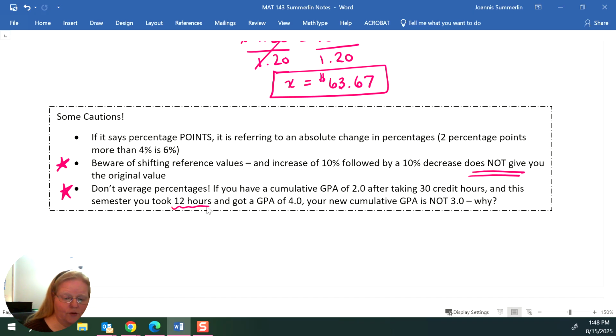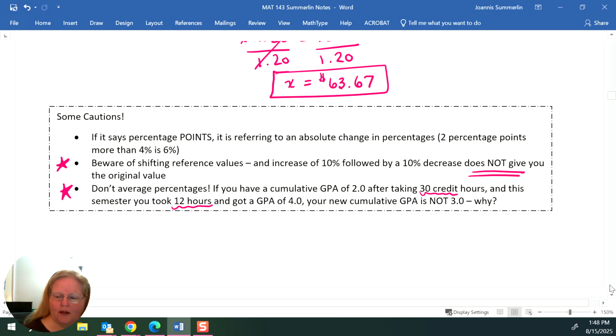Because 12 credit hours does not combine with 30 credit hours. They aren't the same scale. They're not equal. They'd have to be the same scale. Got to have the same bottoms. Just like in comparisons, you have to have the same bottoms. They don't have the same bottoms, so you can't compare the tops.